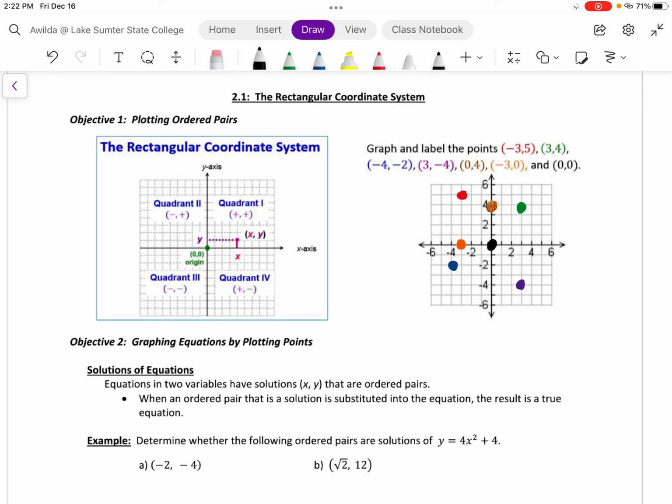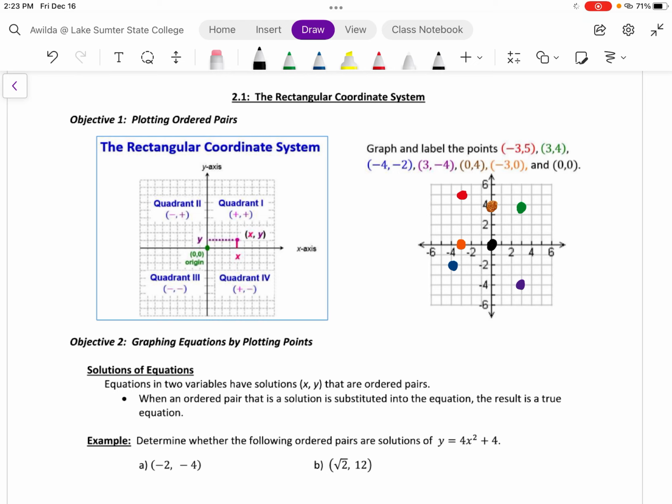Let's talk about what it means to be a solution to an equation. And here we're looking at equations where the solutions are ordered pairs that fall in this rectangular coordinate plane. So a solution to an equation is an ordered pair such that when we substitute the x and the y coordinates into the variables of the equation, we get a true statement.